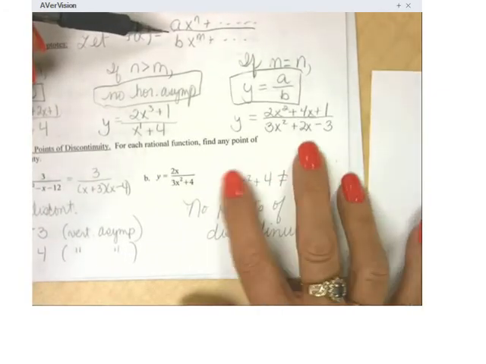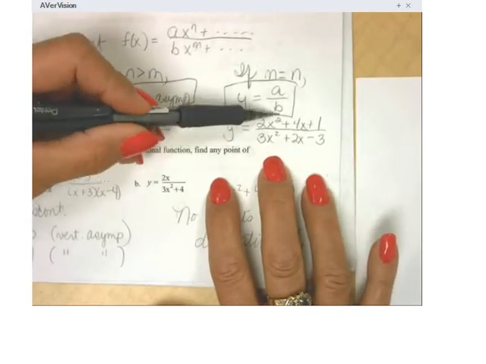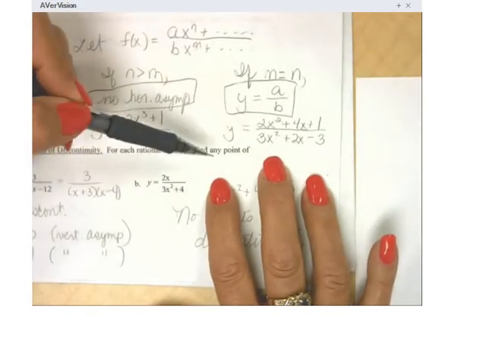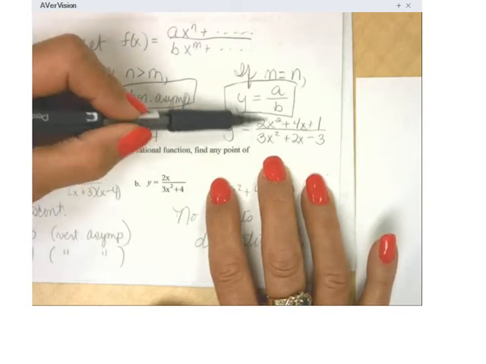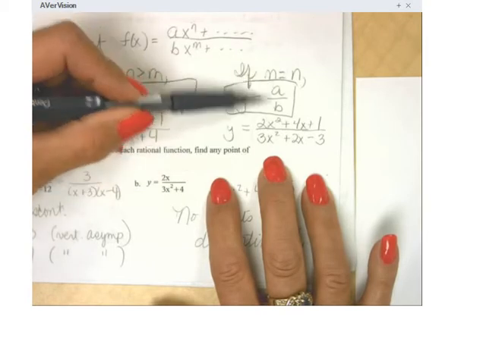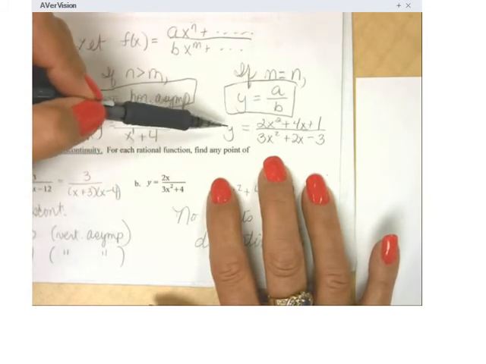Now, what happens if m and n, or these two exponents, are the same? So if the degree of the numerator and denominator is the same, here's another example. I have a square as the degree of both the numerator and denominator for my rational function.